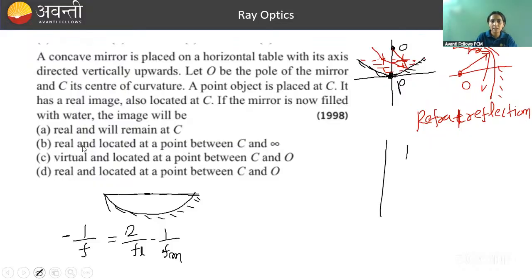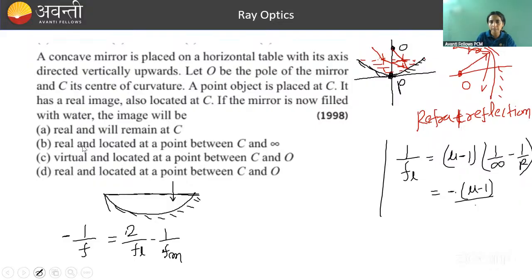For the plano-concave lens, 1 by f L, this is the first surface I am taking. So here I will write mu minus 1. Mu is given in the question, it's the water. So let's say mu is greater than 1, obviously. Mu minus 1 times 1 by infinity minus 1 by r. So this will become minus mu minus 1 by r.